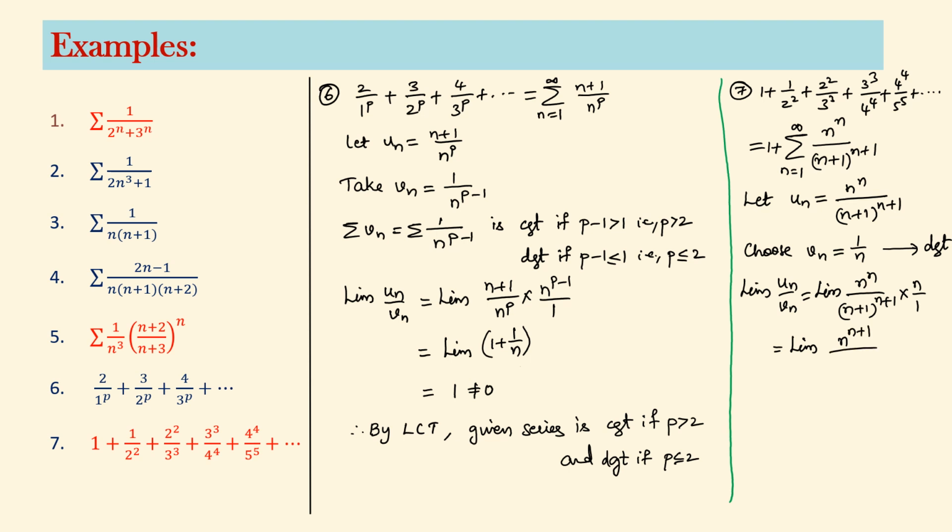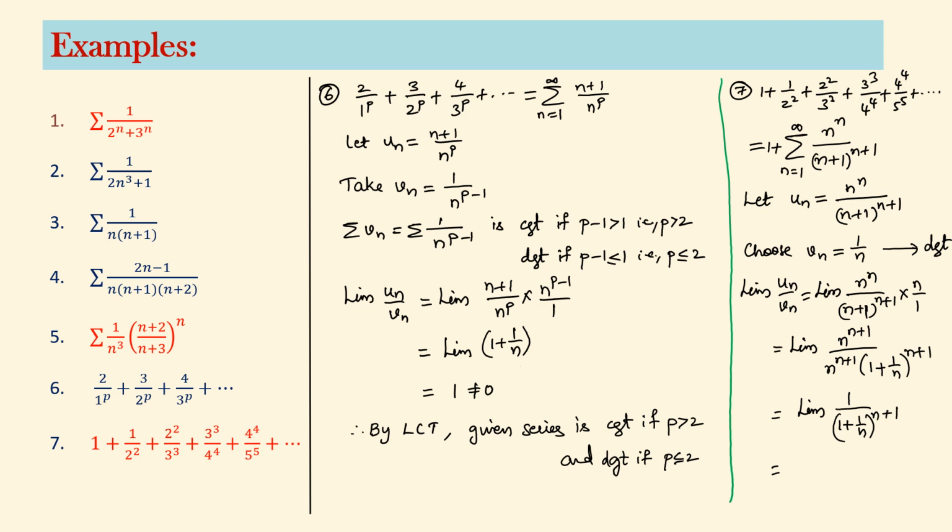And in the denominator, taking n common, we have n to the power of n plus 1, and what is left here is 1 plus 1 by n, whole to the power of n plus 1. Both n powers get cancelled, and we are left with the limit 1 by 1 plus 1 by n whole to the power of n plus 1.